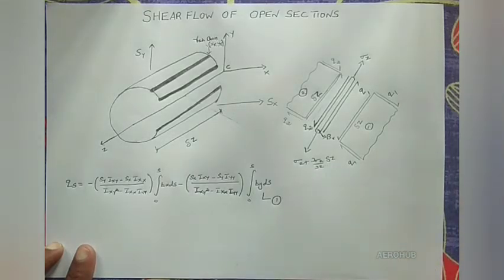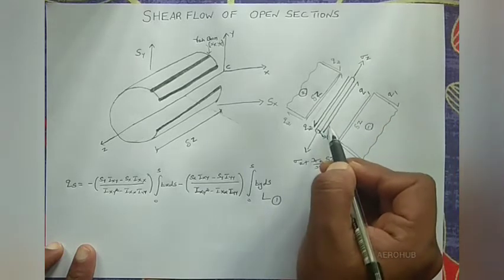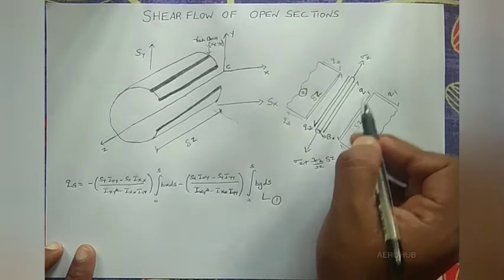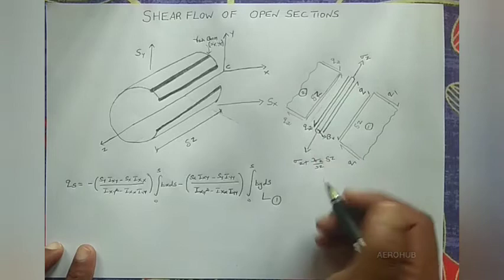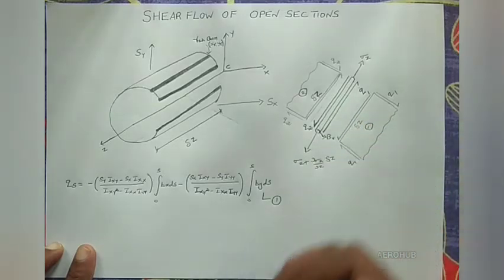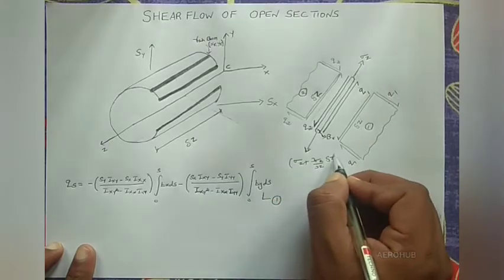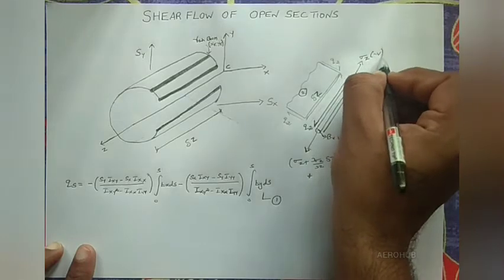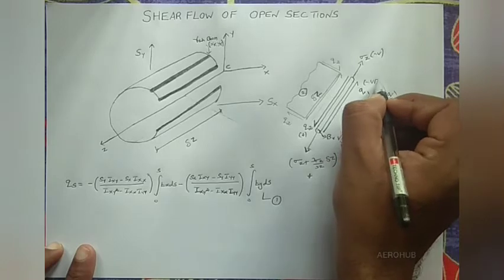So there will be a change in the bending stress here, and the longitudinal side of the boom will be subjected to the shear flow of the skin, that is Q1 on this side and Q2 on the other side. I will take towards outside as positive, so here this value will be positive and this value will be negative. Similarly, Q2 will be positive and Q1 will be negative.